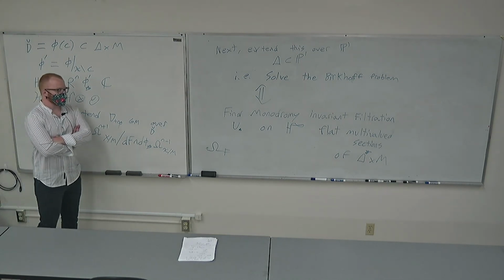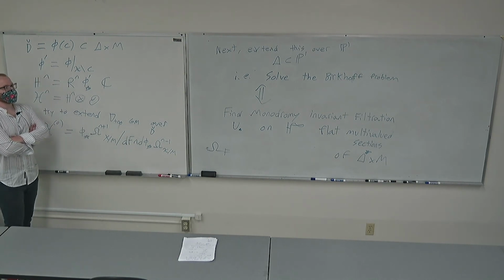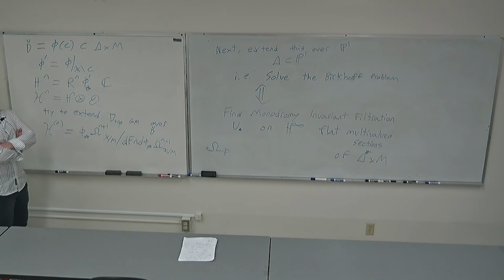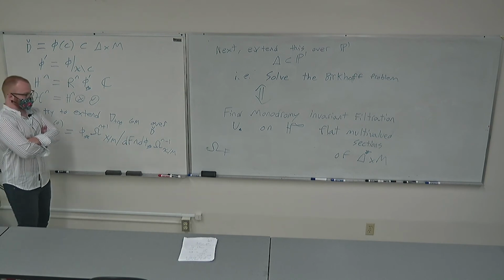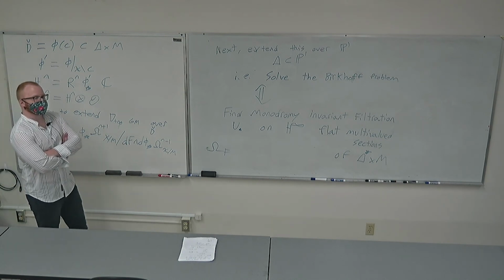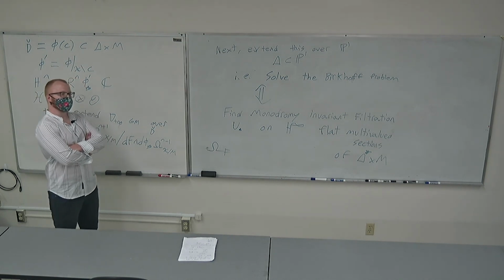But if you think about the quantum cohomology case, you need this symplectic form to talk about quantum cohomology, right? But the Frobenius structure there is also sort of a complex story.